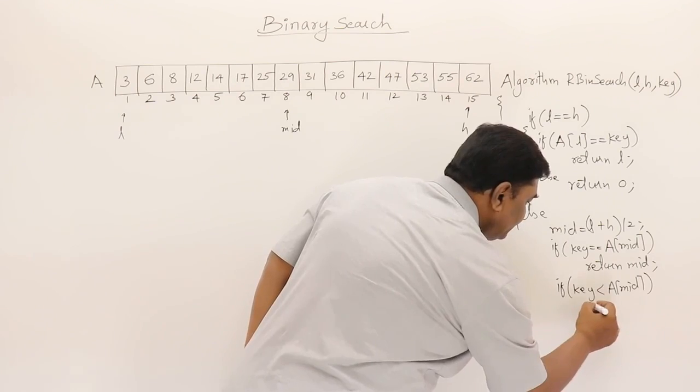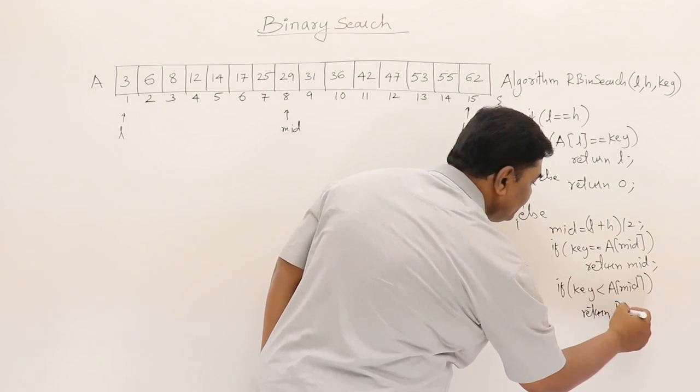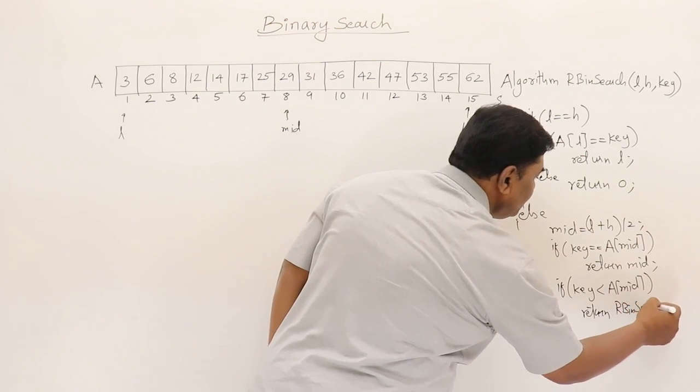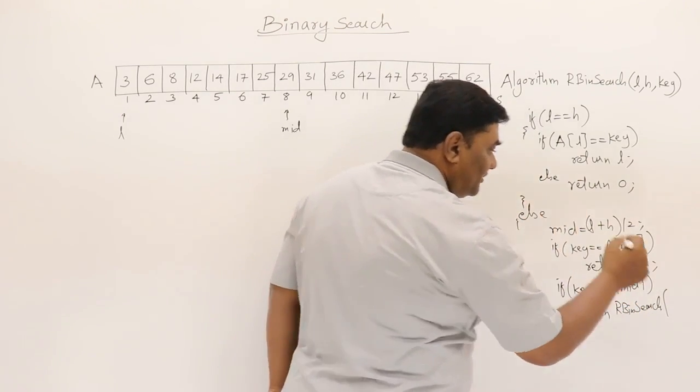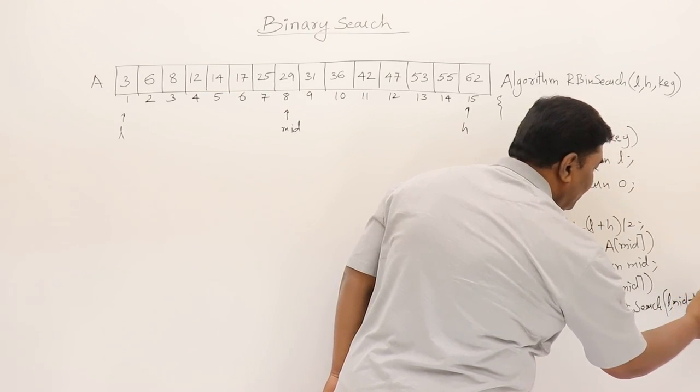So return RBinarySearch, low as it is, mid minus 1, and key.